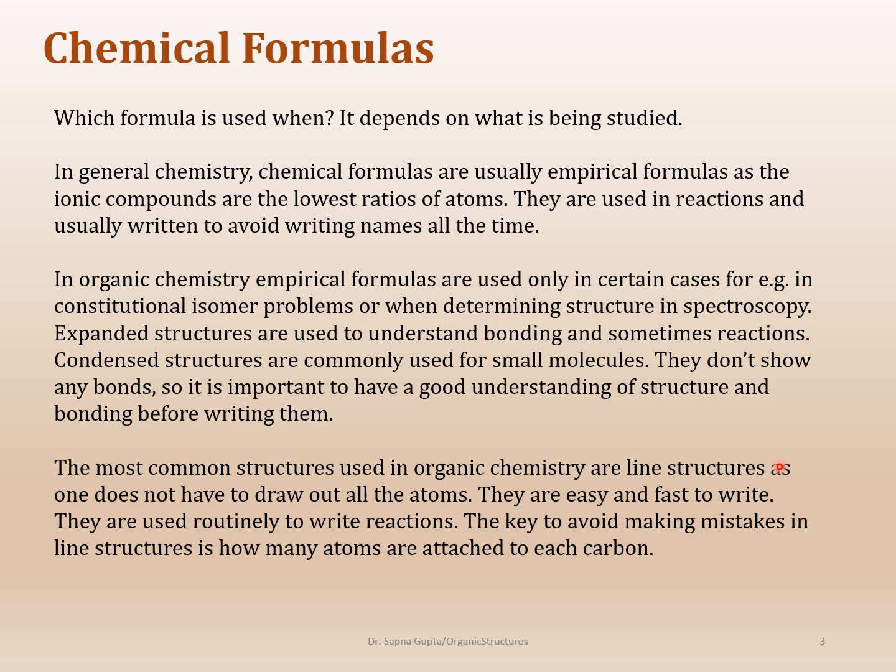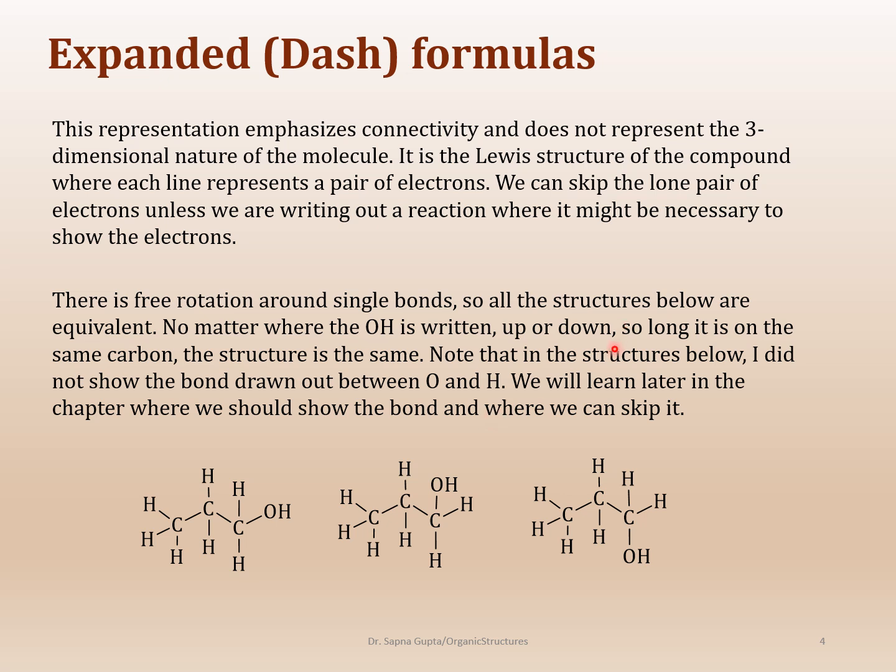You're missing out a lot of the carbons and hydrogens, you don't have to write those out, so you can do things much faster with line structures. So I encourage a lot of line structures as we go on, but otherwise you have to learn how to draw all the other structures as well, as we go on.